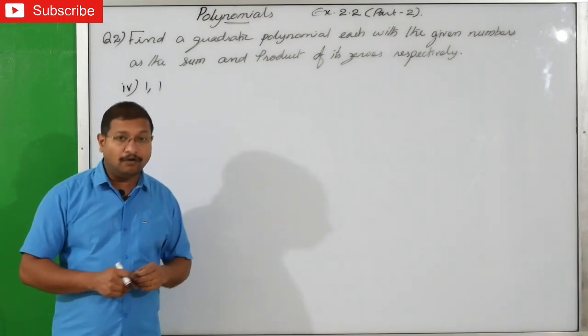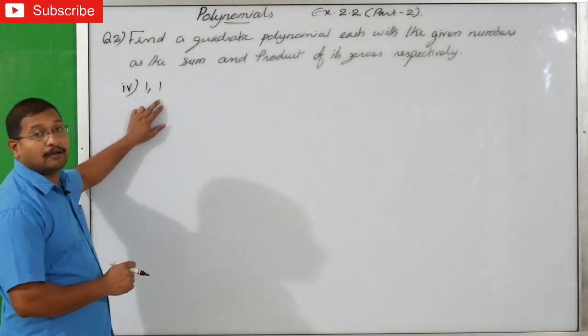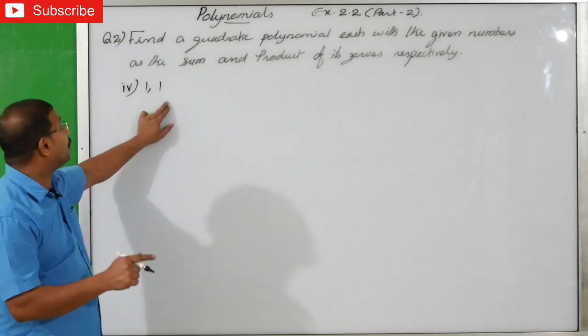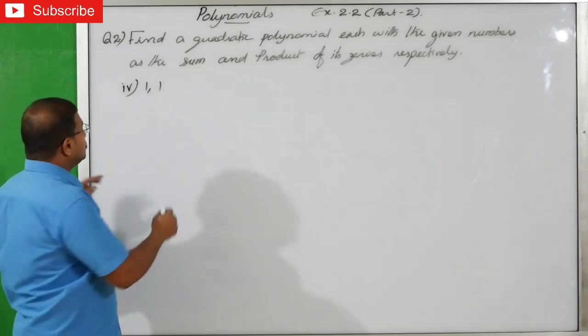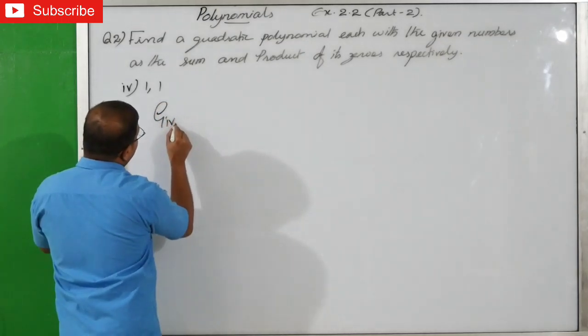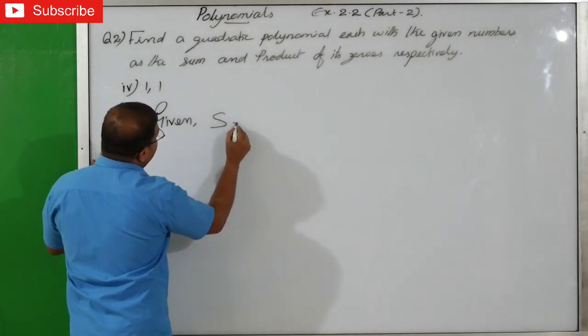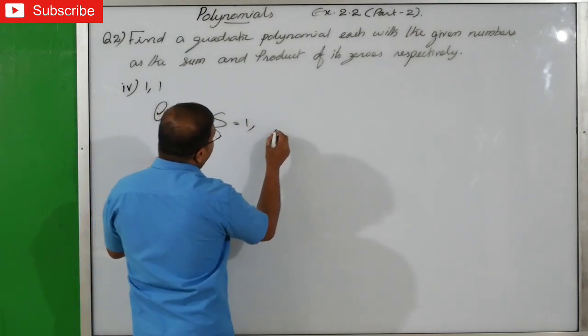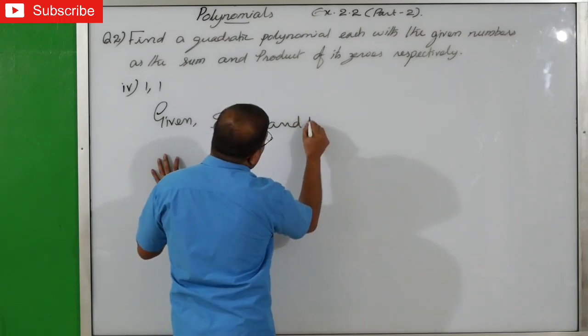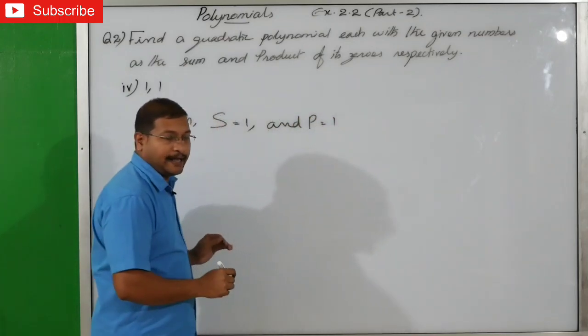Let's see question 4. 1, 1 means sum of the zeros is 1, product of the zeros is 1. So we'll write given sum of the zeros, that means s equals 1 and product of the zeros, that is p equals 1. Ready?